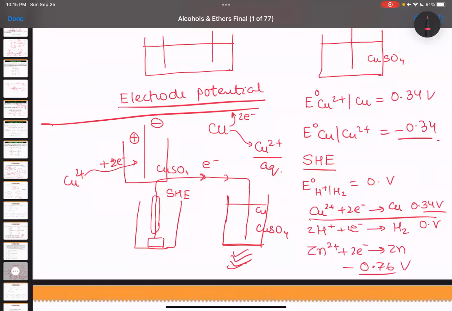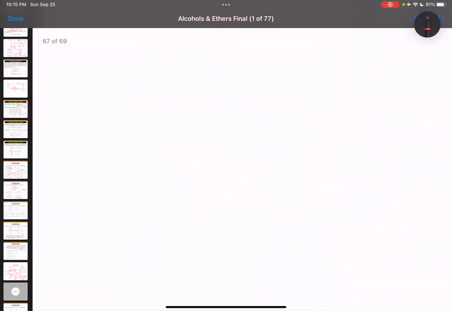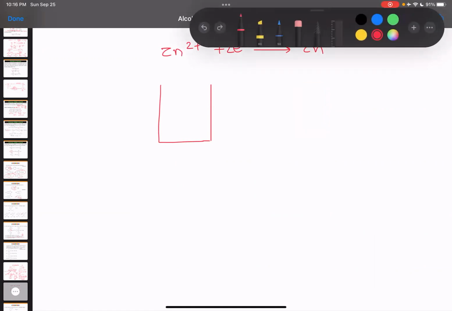So what can be interpreted in just a simple way regarding the zinc and how it should be placed when it is connected to the standard hydrogen electrode? Should I place it on the right hand side or on the left hand side? Left hand side.